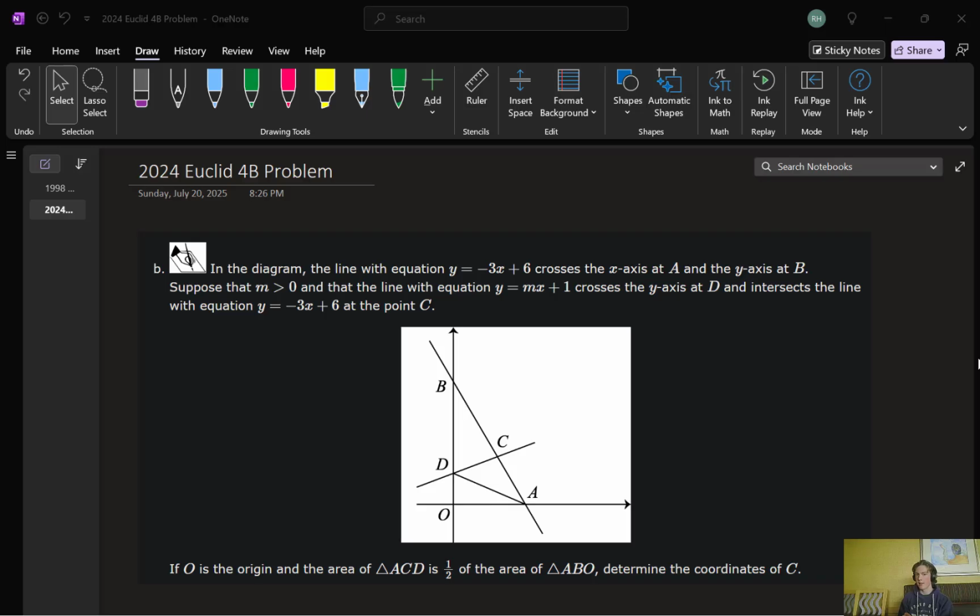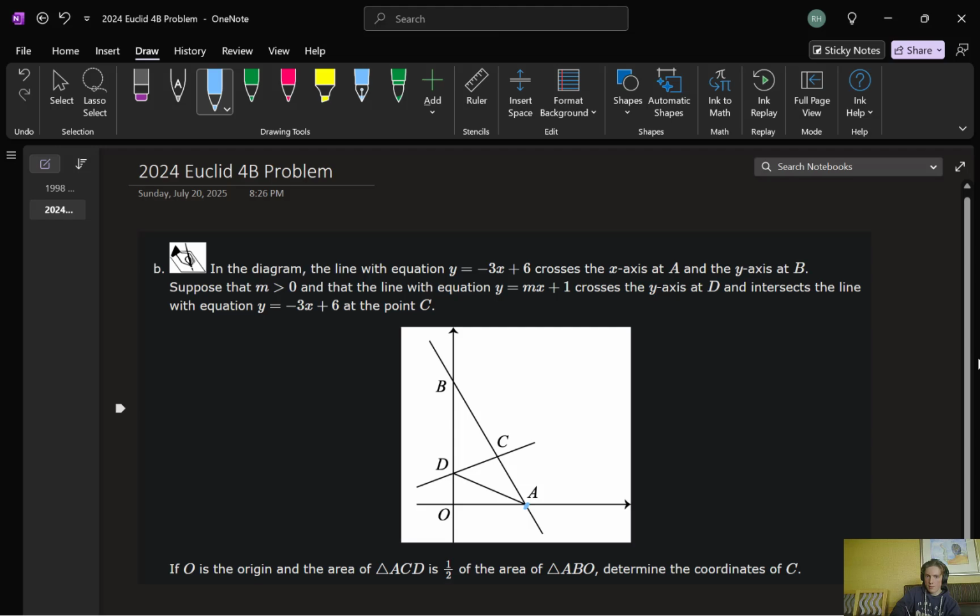plus 6 crosses the x-axis at A and the y-axis at B. So A is right here, and then B's right here. So this line is negative 3x plus 6. Suppose that m is greater than 0, and the line with the equation y equals mx plus 1 crosses the y-axis at D. So this is going to be y equals mx plus 1.